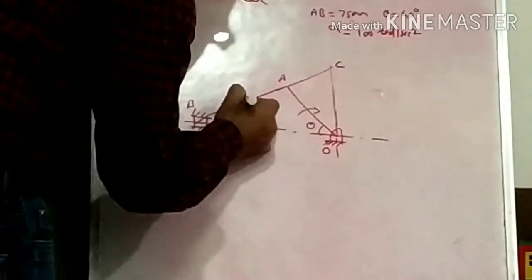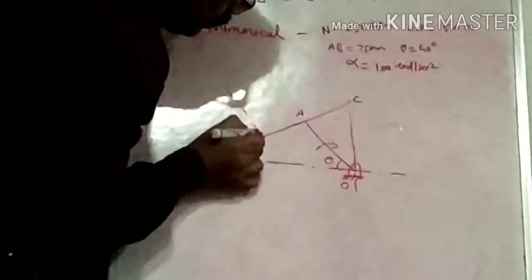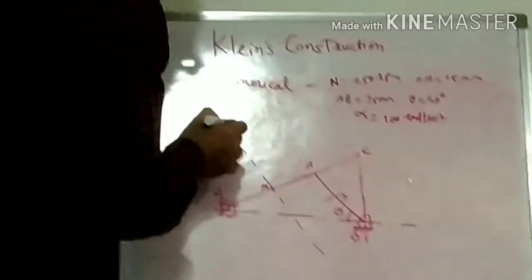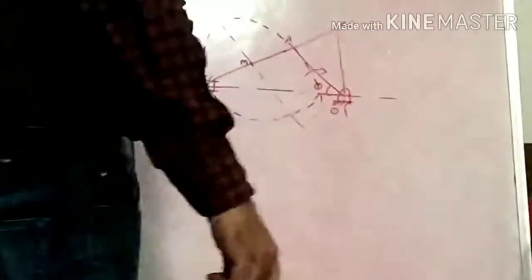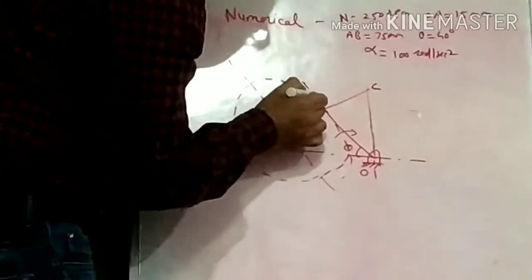First we have to mark the midpoint of the connecting rod AB, that is point M. Then draw a circle with AB as a diameter. Then take point A as the center and AC as the radius, and again draw a circle.